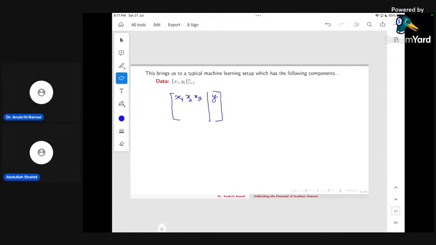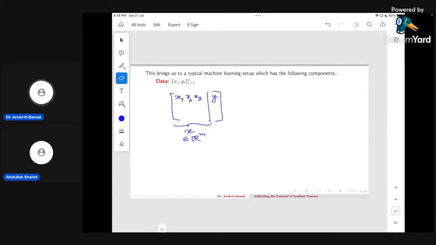This is an x vector which belongs to R^m. So this is a vector of length m. And this is my y. What is the output? Whether I like a movie or not, and instead of like or dislike, I can also take a rating, like how much rating I would give: 3 rating, 4 rating, 4.5, whatever.